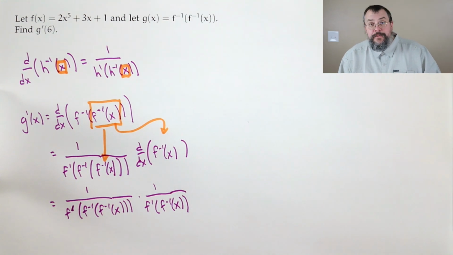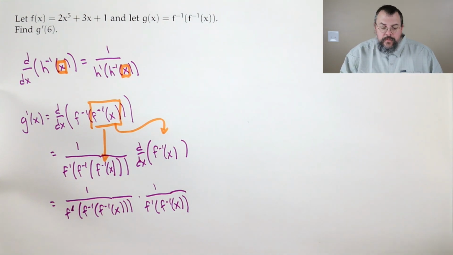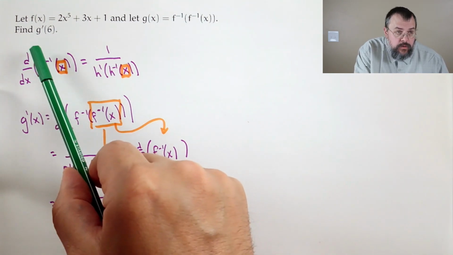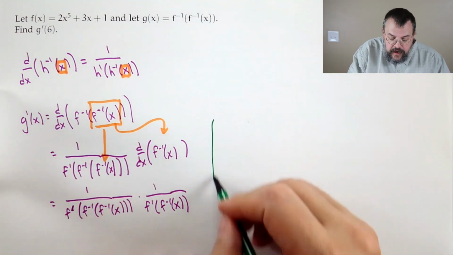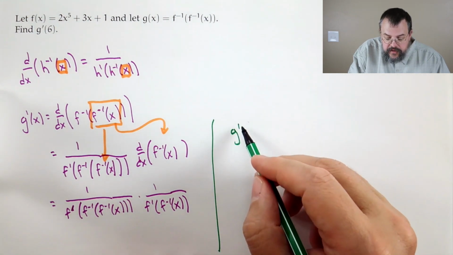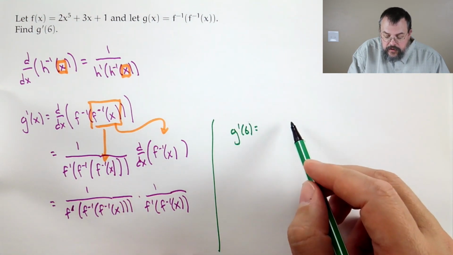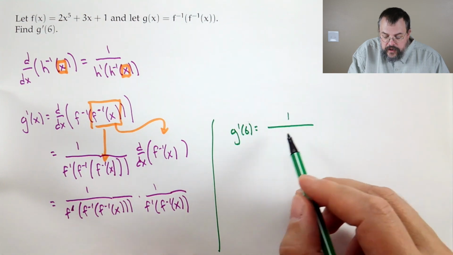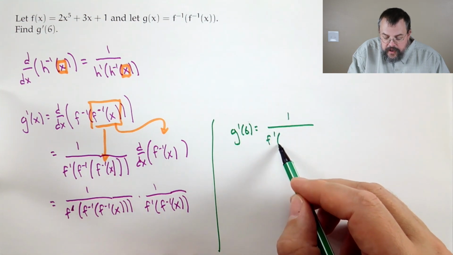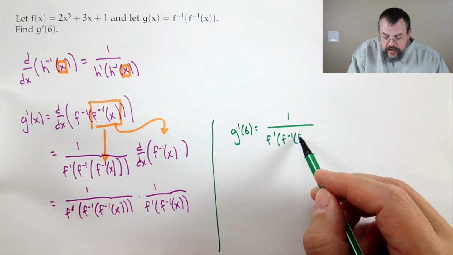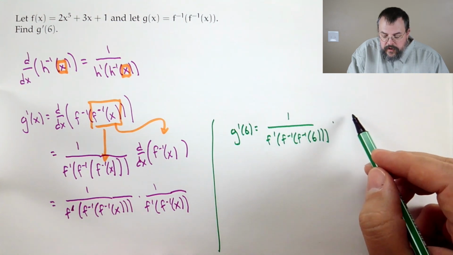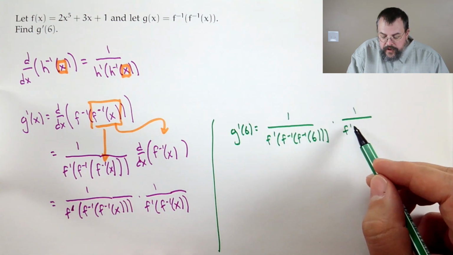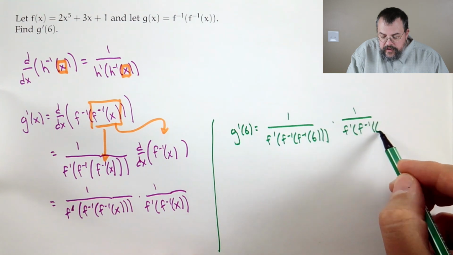So what comes next? Well, the next thing is to plug in 6, because we want the derivative at 6. So we can say g prime of 6 is equal to 1 over f prime of f inverse of 6 times 1 over f prime of f inverse of 6.